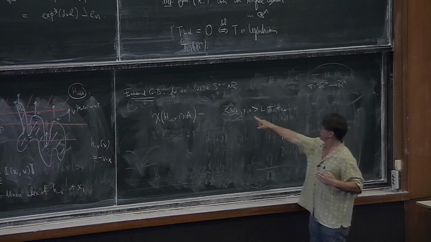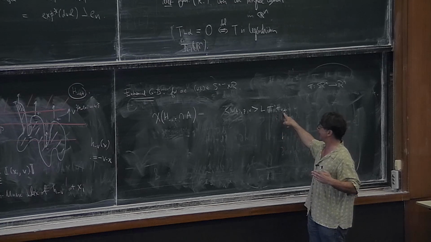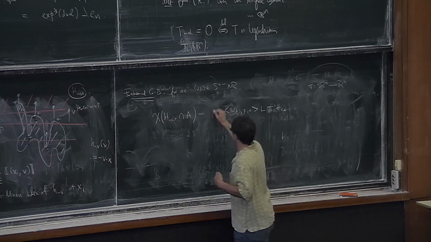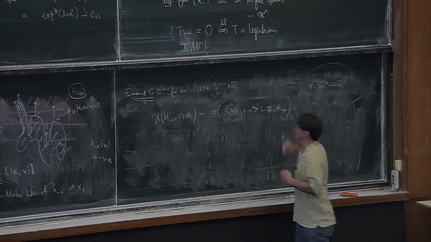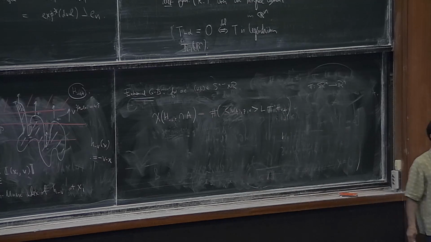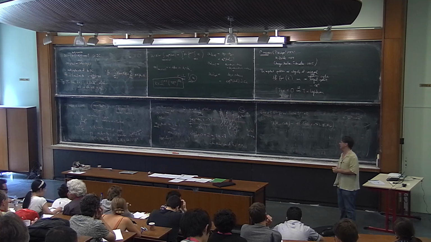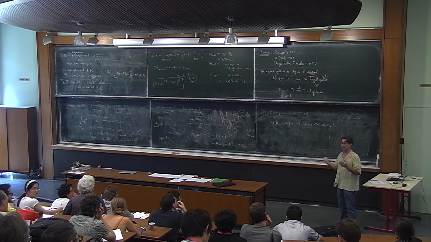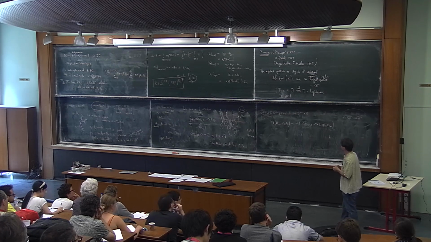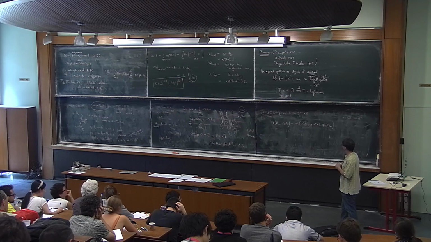So I look at those points that sit above points of this half space. I look at the total multiplicity, and that's what I should get. Okay, and that works. You can do this kind of basic Euler-Morse theory with positive reach. It certainly works for domains. It's all good. Okay. So that's one thing.